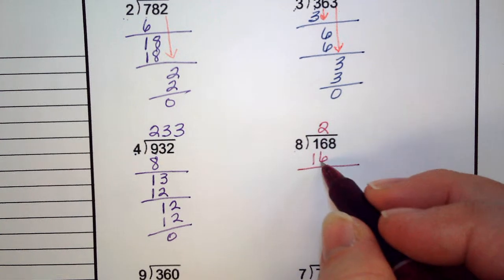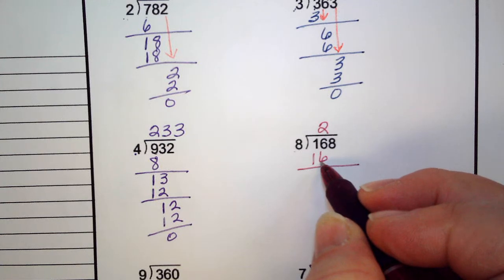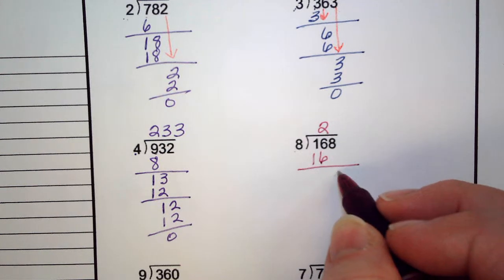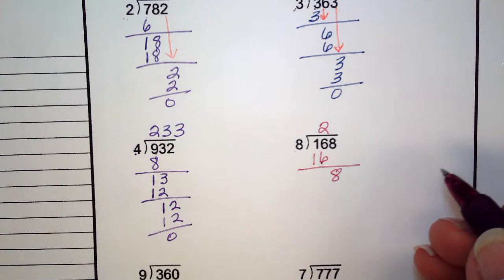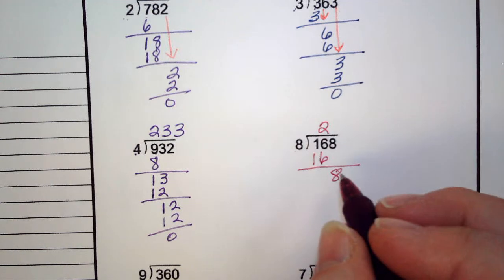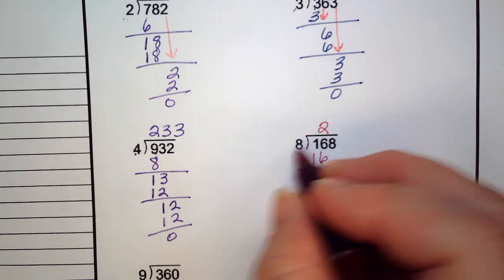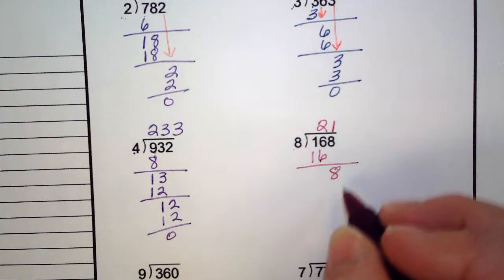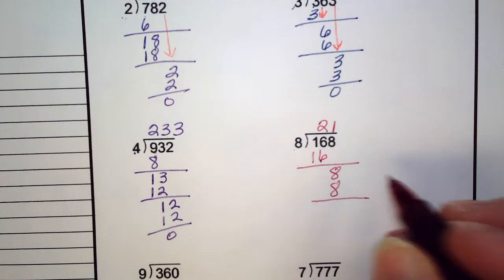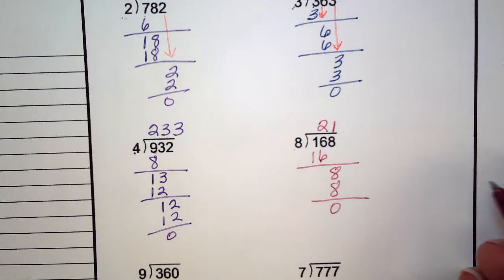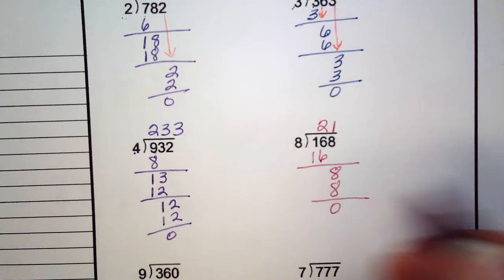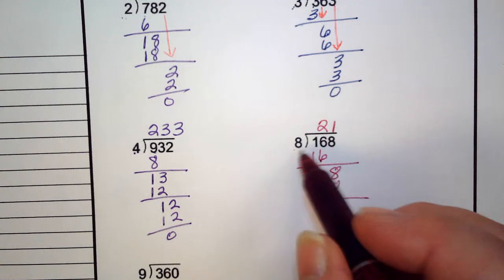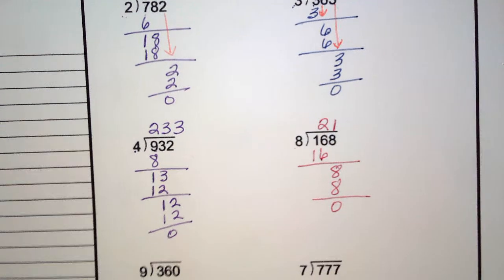Subtract. 16 minus 16 is 0. Bring down that 8. Repeat the process. Division. 8 divided by 8 is 1. Multiply. 1 times 8 is 8. Subtract. 0. Nothing left to bring down. I'm done. 168 divided by 8 is 21.